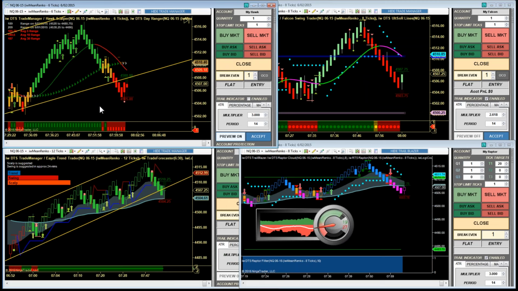All right, so getting the makings of a first micro macro cross on the Hawk. Not everything is in sync yet.